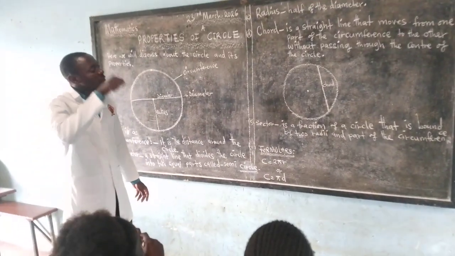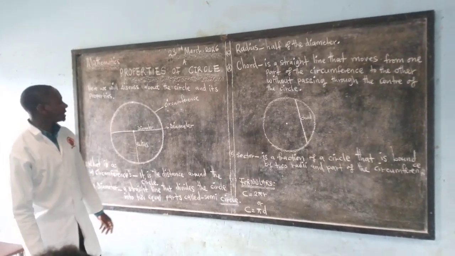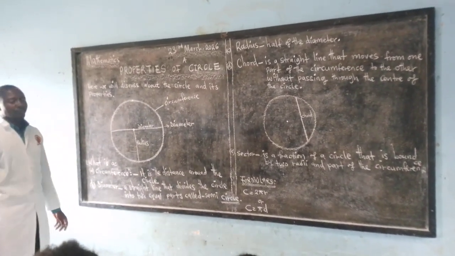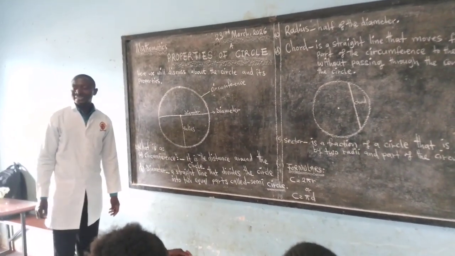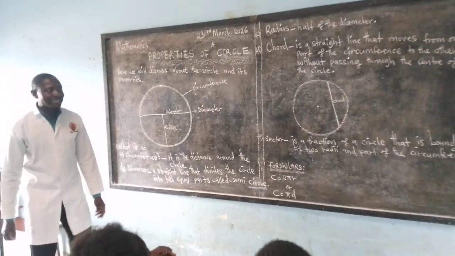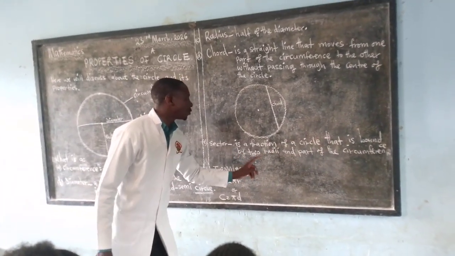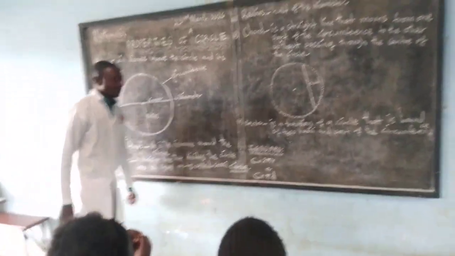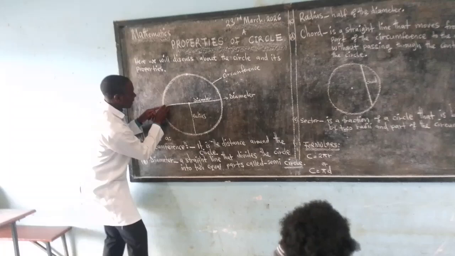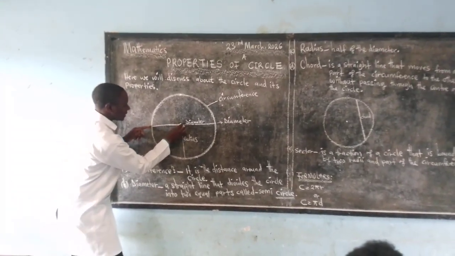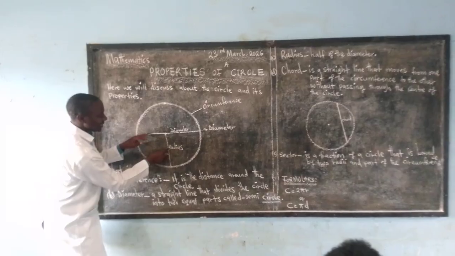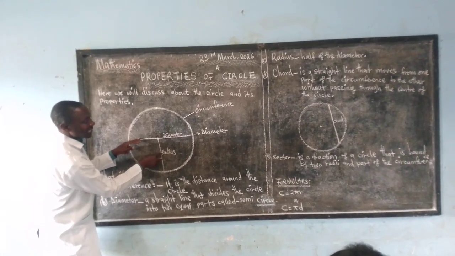It will be very difficult for you to understand this one, but I'll make you understand. Let's come to this. Anyone come and show me a sector? A sector is a fraction of a circle that is bound by 2 radii. 2 radii, a fraction of a circle.